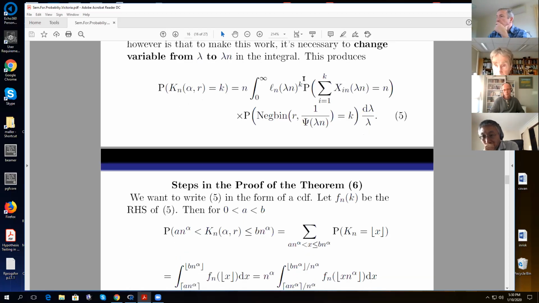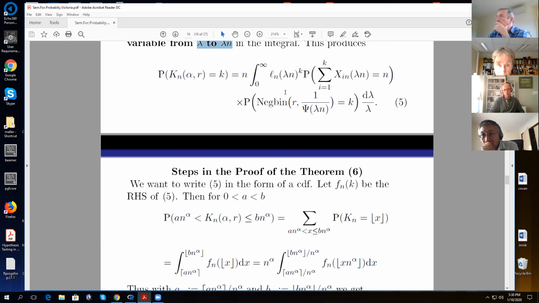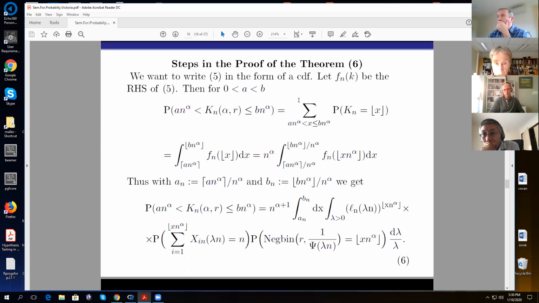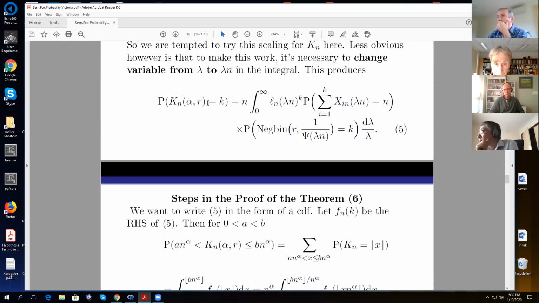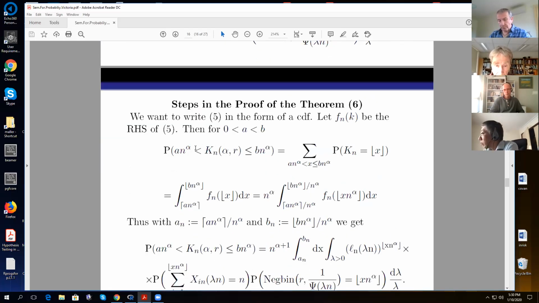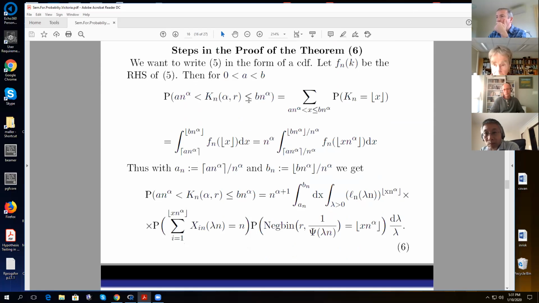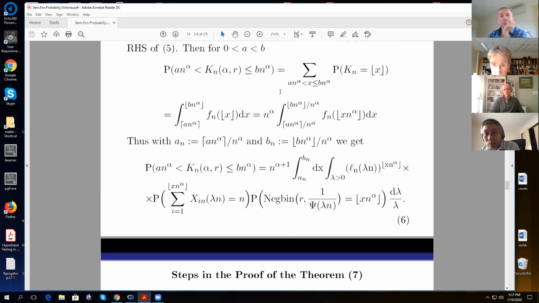So what we're looking at now, we also have to do this variable change, but having done that, we now have the probability of the x's. You'll observe that this is a kind of local probability, and we have the probability of the negative binomial. We've got this extra bit in here. We want to write 5 in the form of a CDF, so this is the mass function. We bring in the factor n to the alpha here and write this as a CDF, and that's a straightforward trick.